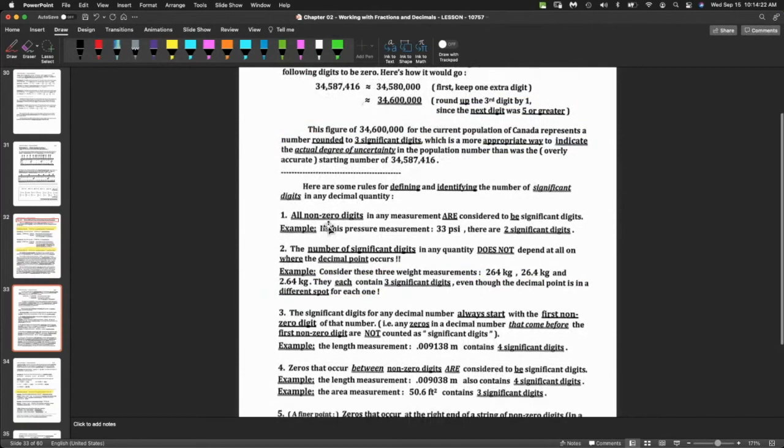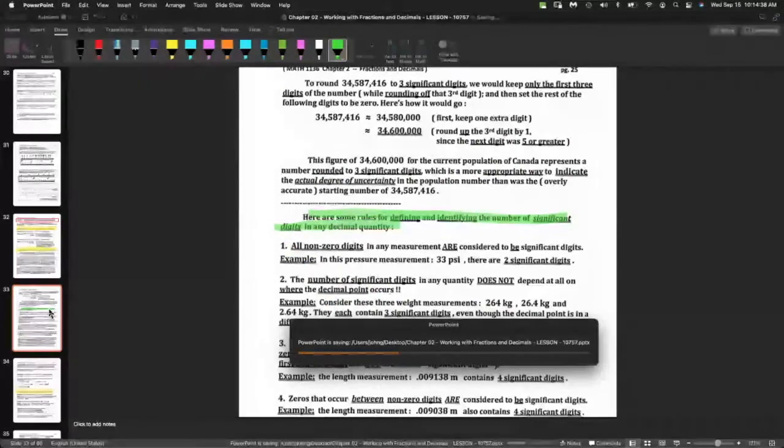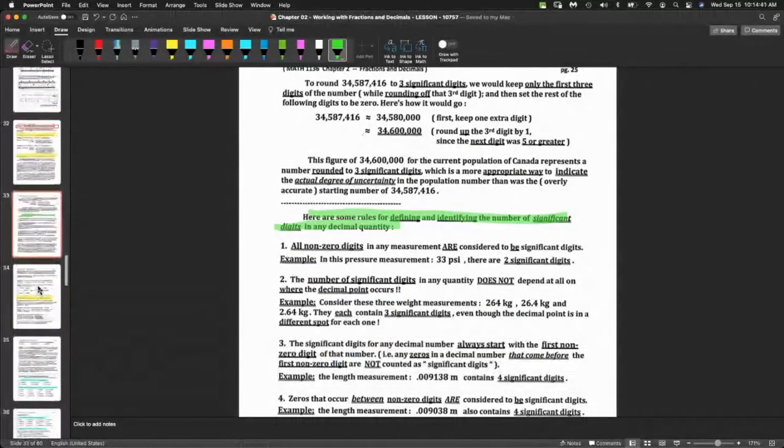There are some rules for significant digits, presented here, but I'm going to talk about significant digits through a series of examples rather than just stating the rules. This will be easier for you to process as well.